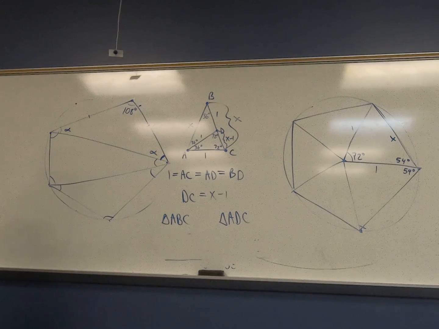The scaling factor? Yeah, so there's a scaling factor. In other words, what else can you say? ABC is double the size of ADC. Well, not double. One third.